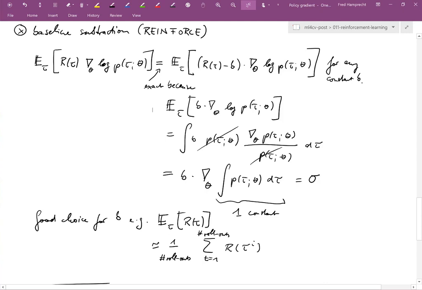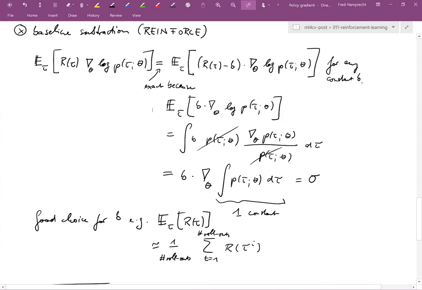Then the expectation is written out. This is the definition of the expectation. The P cancels. The gradient operation is pulled in front of the integral, and so is the constant. And then what we have is an integral over a probability distribution, which is 1, a constant, so its gradient is going to vanish, and hence we can use any constant here that we want.